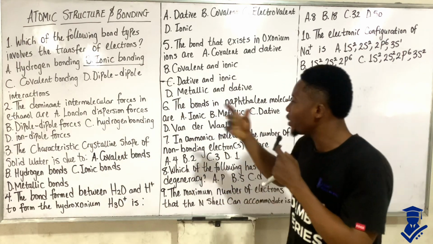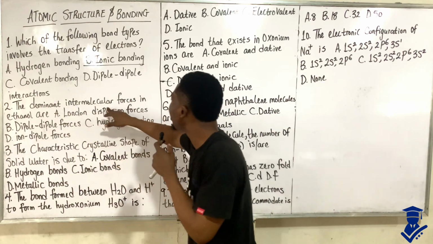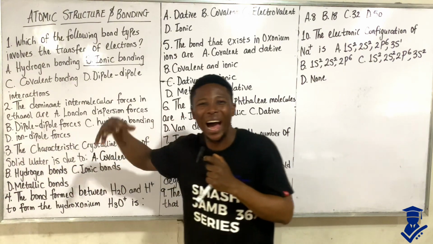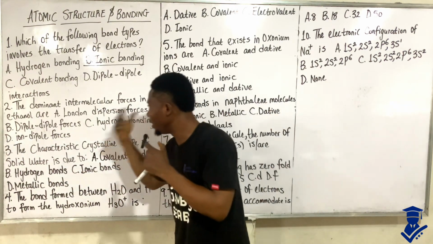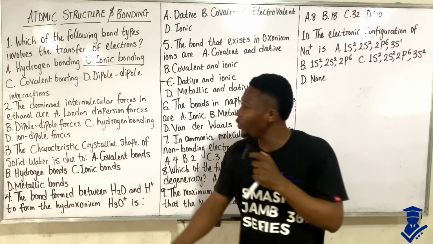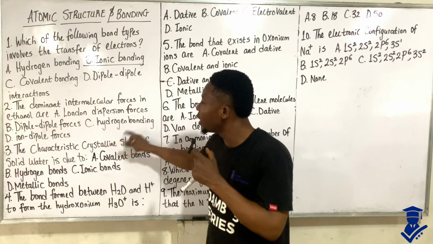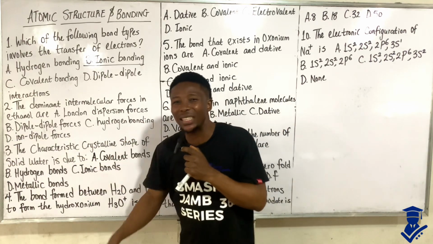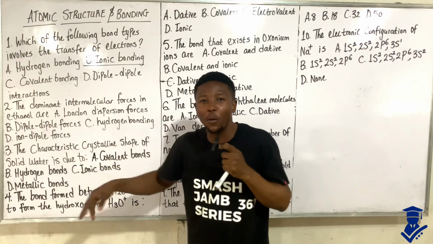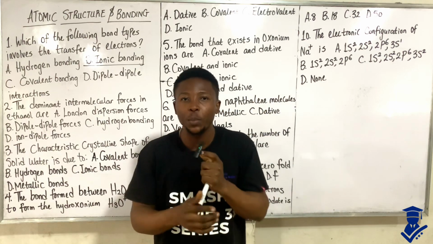Now, the next question says the dominant intermolecular forces in ethanol are: A, London dispersion forces, B, dipole forces, C, hydrogen bonding, and D, ion dipole forces. Now, listen.